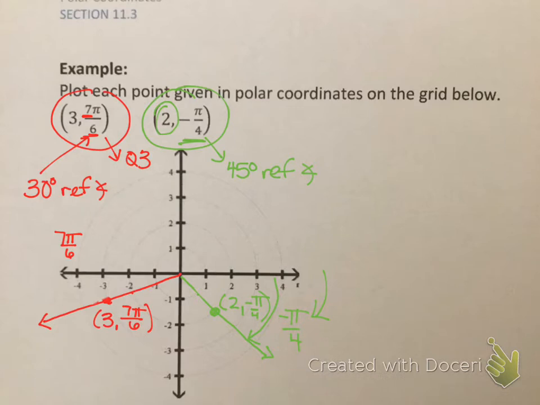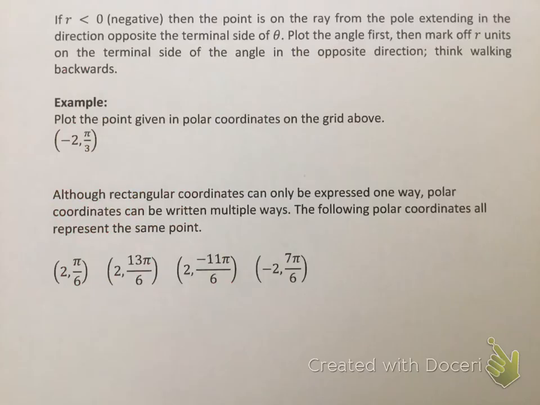So at this point, you should feel comfortable plotting points whose r value is positive. So what happens if r is a negative number? It's less than 0. The point's going to then be on a ray that is not on the terminal side of the angle. It's in the opposite direction of the terminal side of the angle.